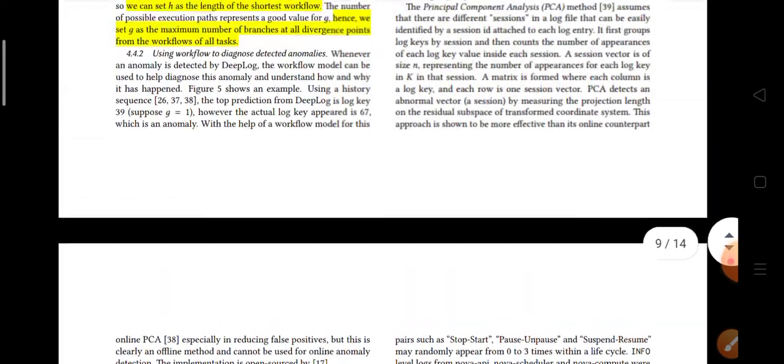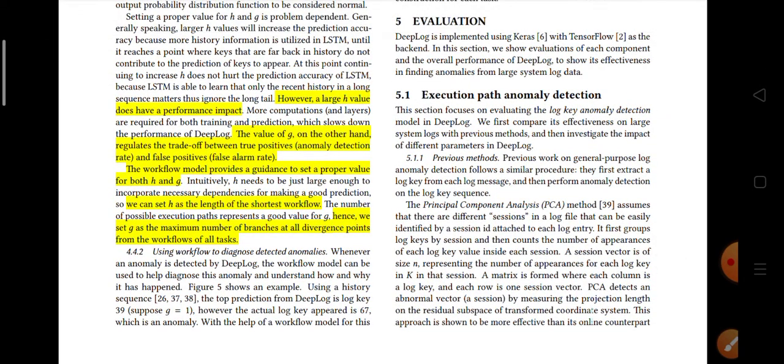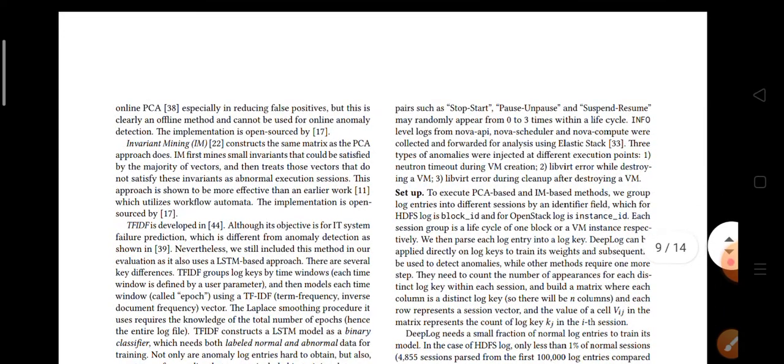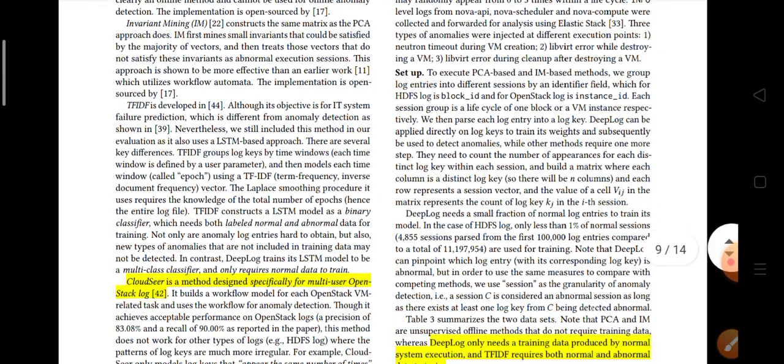See, these are the previous works they mentioned here. For the evaluation, they evaluated with the PCA method, invariant mining; they didn't do TF-IDF for evaluation, because that is not resembling.